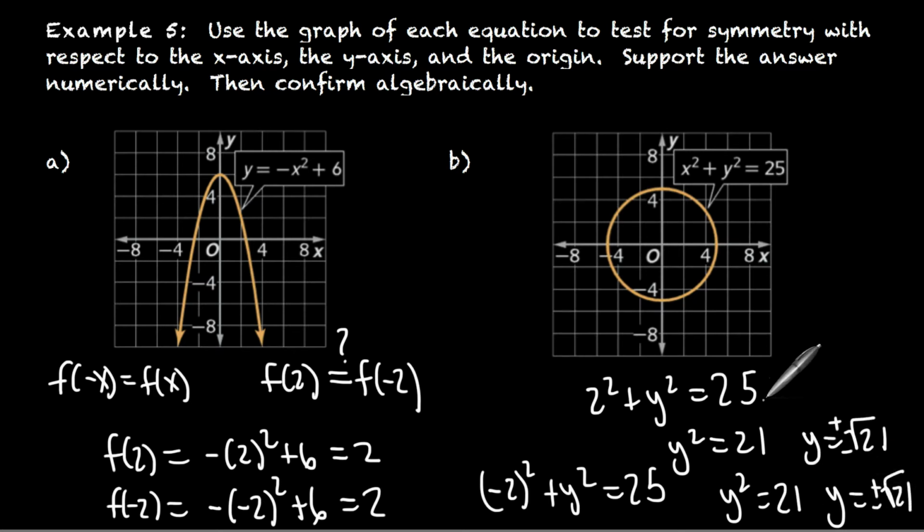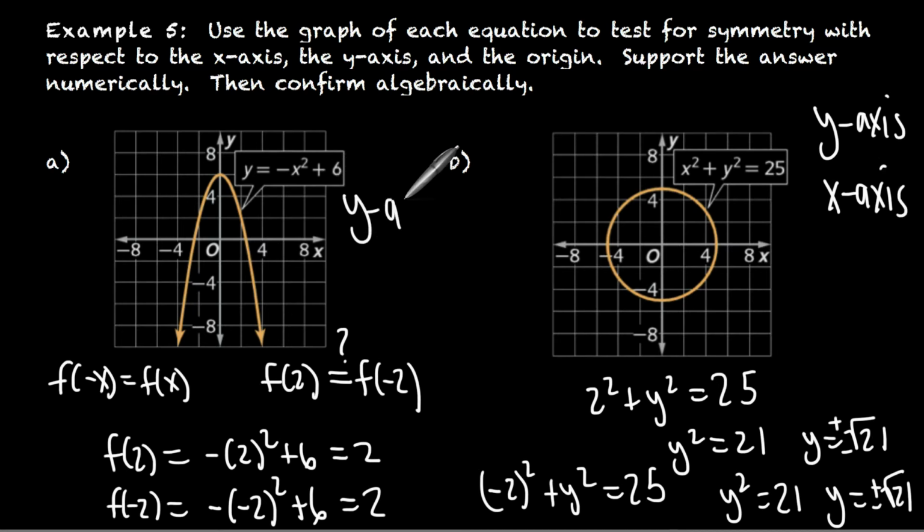And you can see that the same exact thing is going to happen if we plug in a positive y value and a negative y value. We're going to get the same x's whether you plug in a positive or a negative. So when that happens, you can say that this is symmetric about the y-axis and it is symmetric about the x-axis. This one is symmetric only about the y-axis.